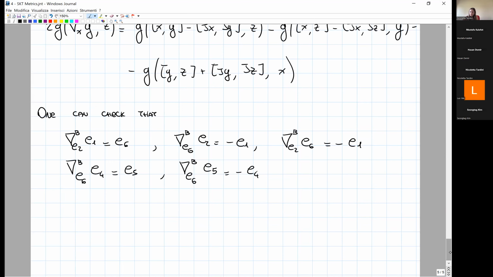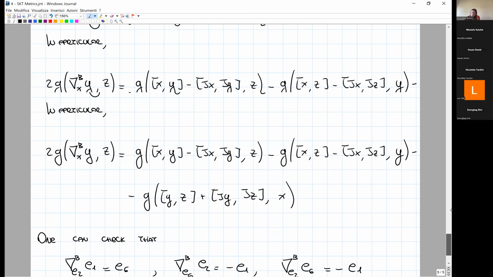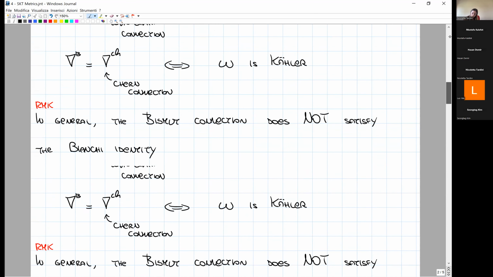And if you have the Bismut connection, you can compute the curvature, right? It was the first formula we saw today.